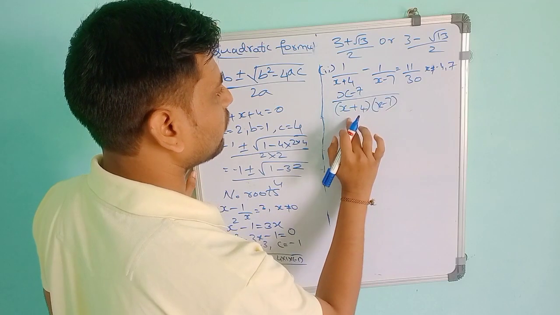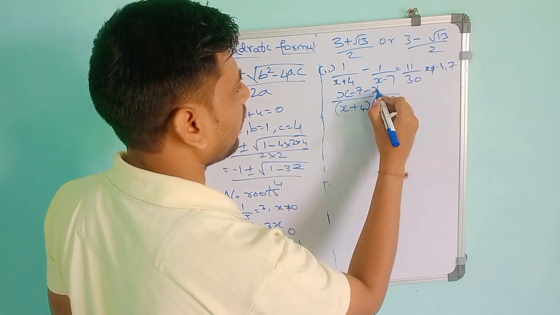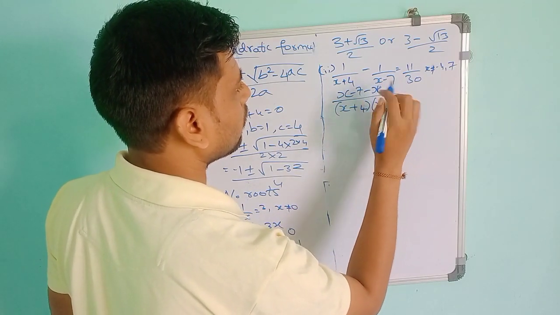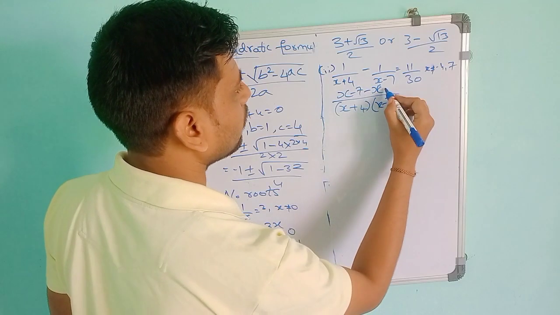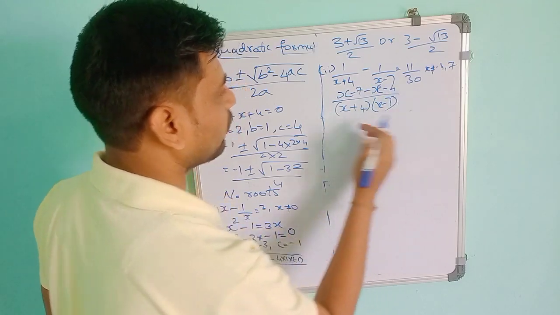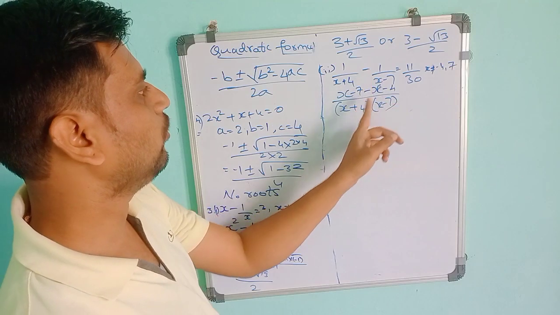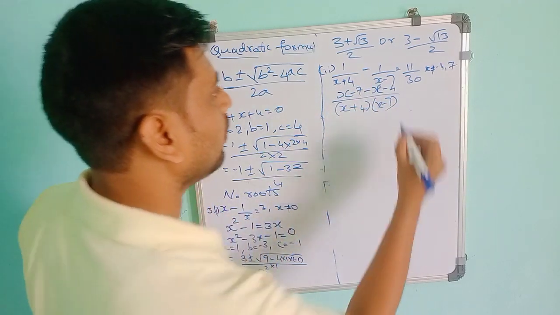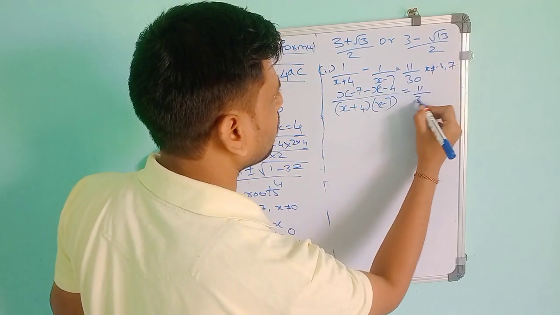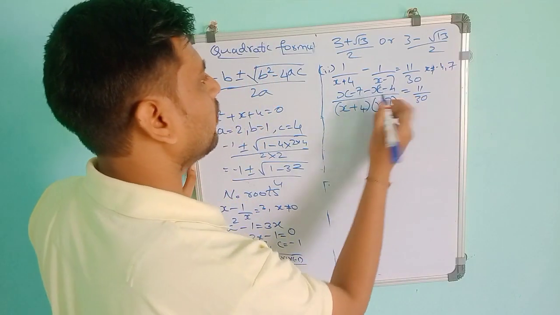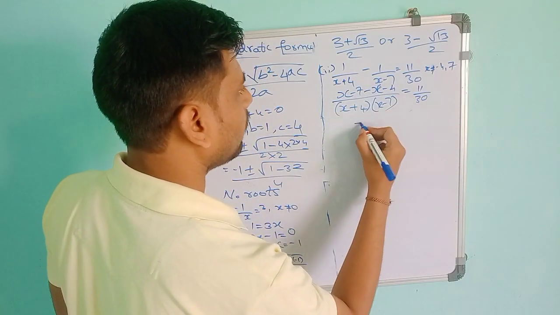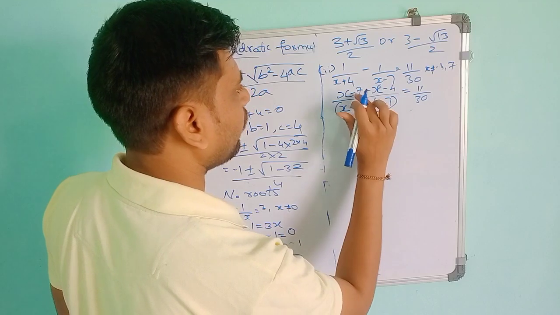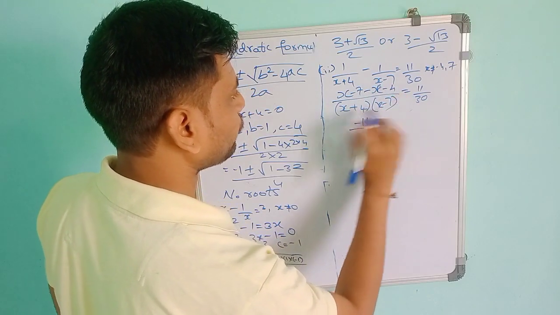Then x minus 7 and x plus 4: so minus x minus 4, because x plus 4 is there, with the minus sign, is equal to 11 by 30. Then x gets cancelled, and minus 7 minus 4 will be minus 11.